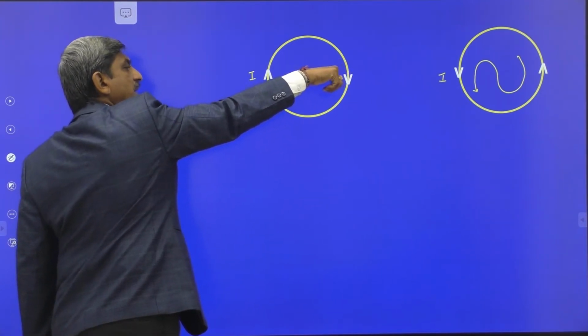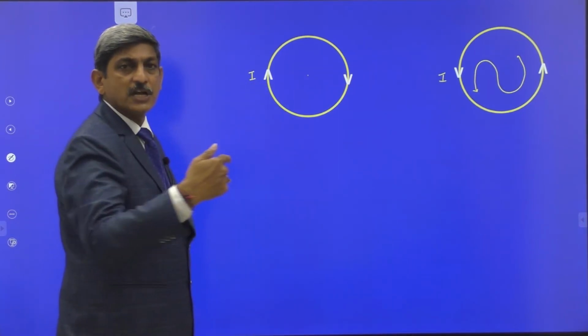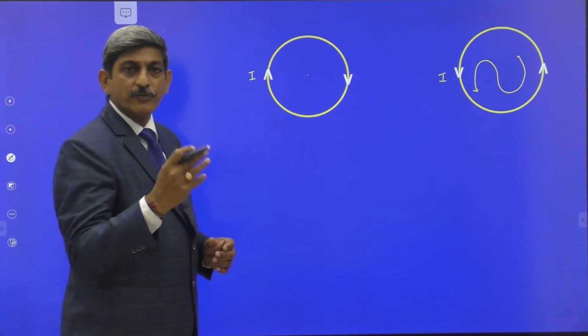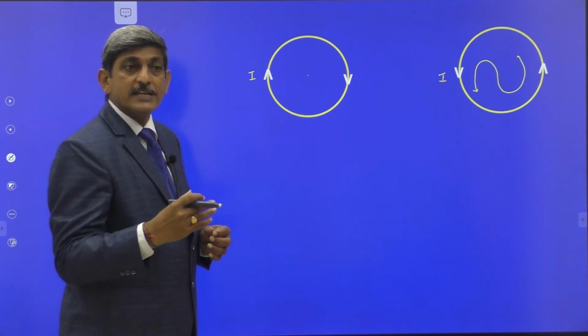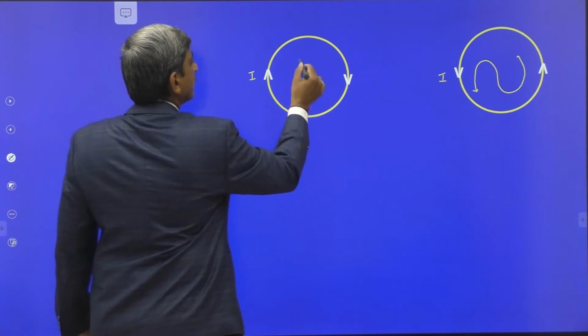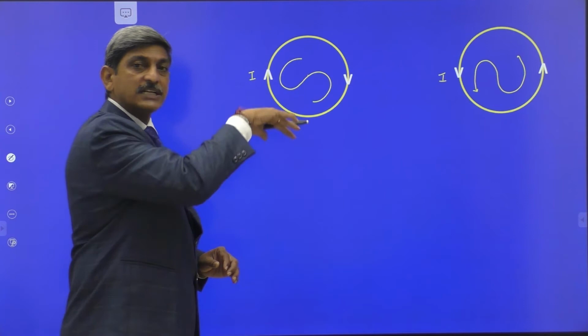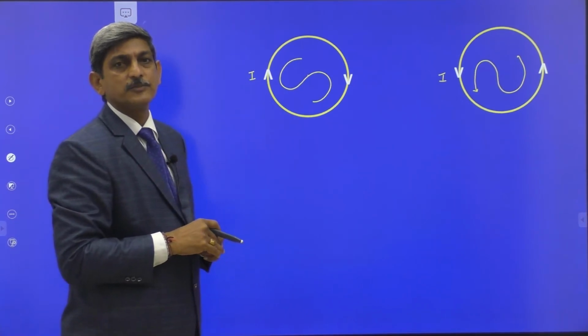Here the thumb is into the board, that's why the magnetic field is also into the board. We know that the magnetic field lines enter into the south pole of the magnet, that's why this face is behaving as the south pole and the backside face is acting as the north pole.